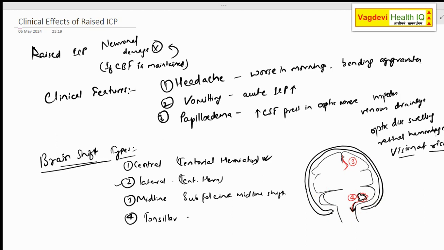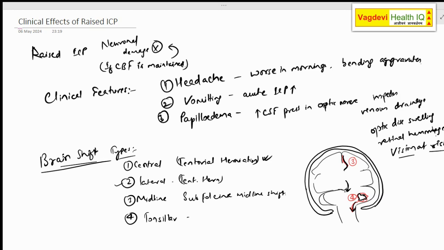Now, suppose in the midline of the brain, near the midbrain, it causes the shift. Any midline lesion or diffuse swelling of the hemispheres will cause the vertical displacement of midbrain and diencephalon through the tentorial hiatus.